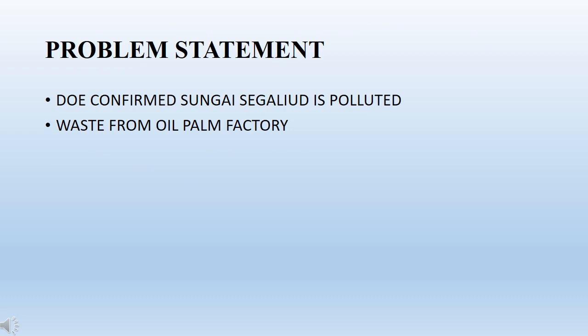Okay, we move to the problem statement of this case study. On September 26, 2019, the Sabah Department of Environment (DOE) confirmed the pollution that occurred in Sungai Segaliud, Sandakan, Sabah, due to factory waste in the nearby area.